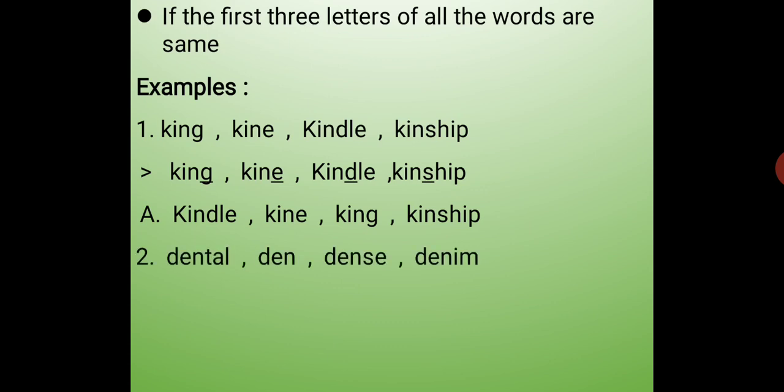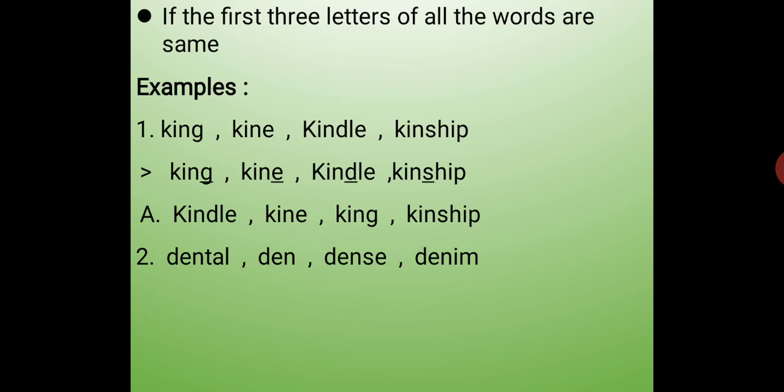Read these words again: dental, den, dents and denim. As I told you, have you compared the letters? First letter? Yes, they are same. Second letter? Yes, they are same.